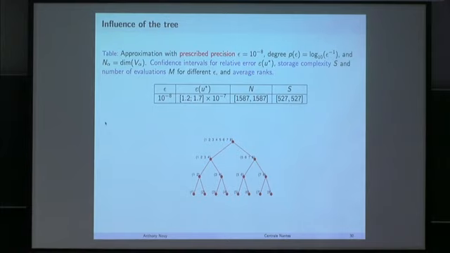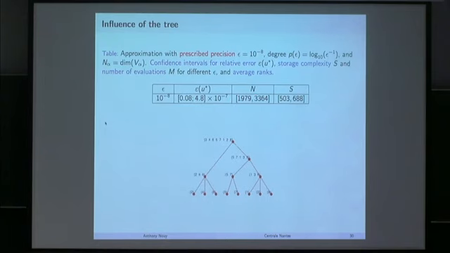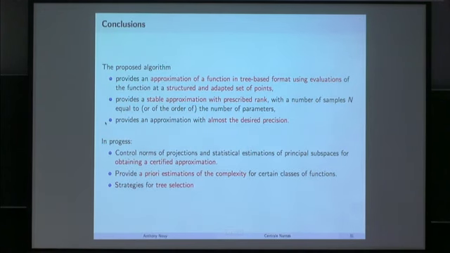Okay, so in this situation, for this borehole function, things are going well, because whatever the tree you choose, whatever the permutation of the dimensions you do, the error you obtain when you specify 10 to the minus 8 is around what you have specified, with a number of samples which is always of the same order, 1000, 2000, 3000. But this is not the case for other functions.